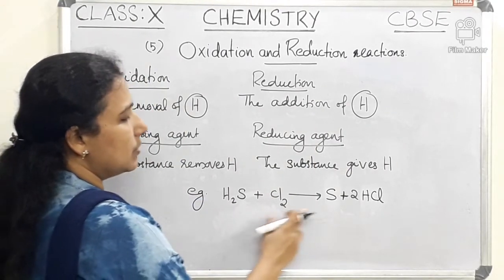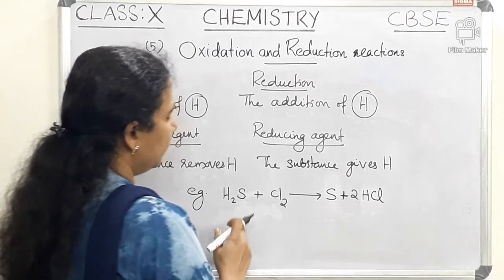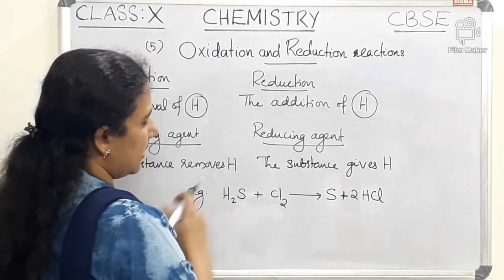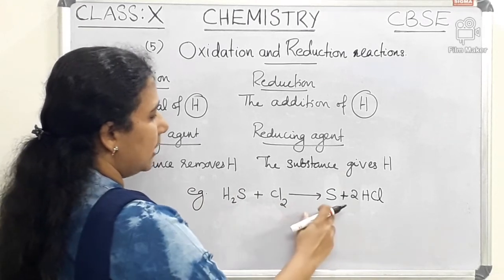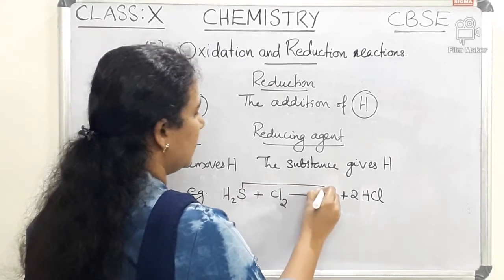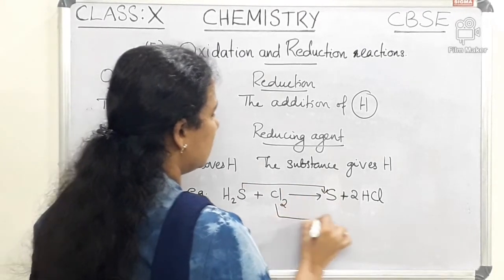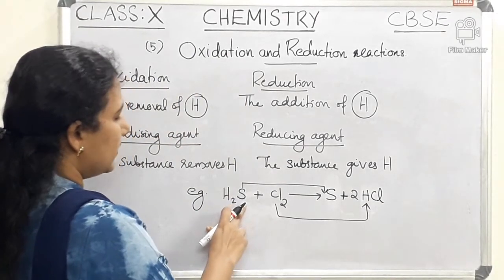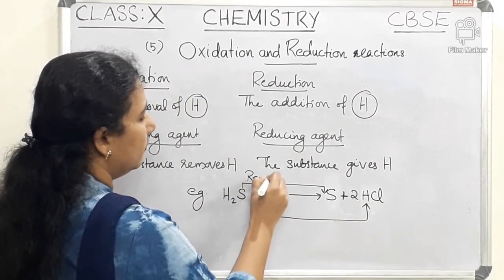Now let's take one example. H2S plus Cl2 gives S plus 2HCl. Now let's check what happens to these reactants. Here H2S changes to S and Cl2 changes to HCl. What happens to H2S?